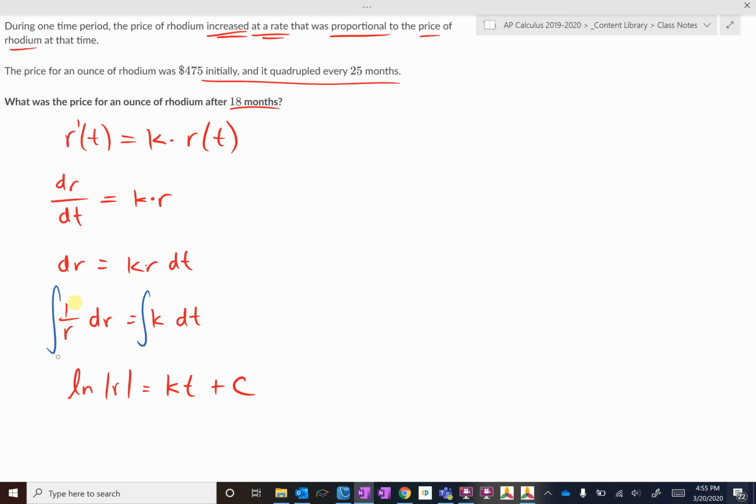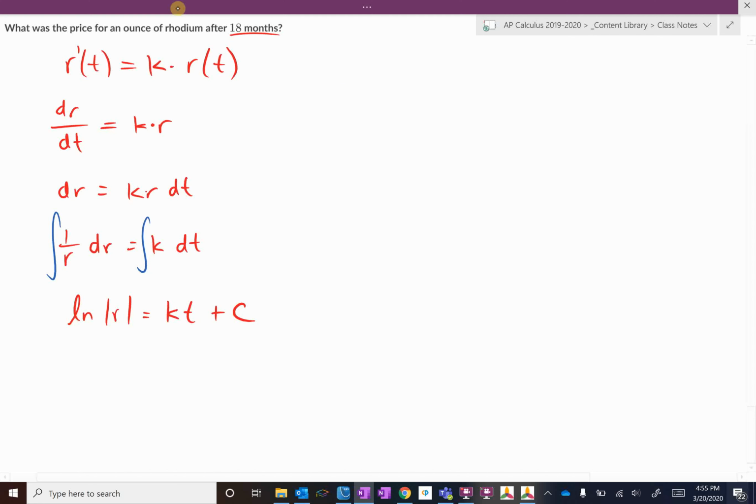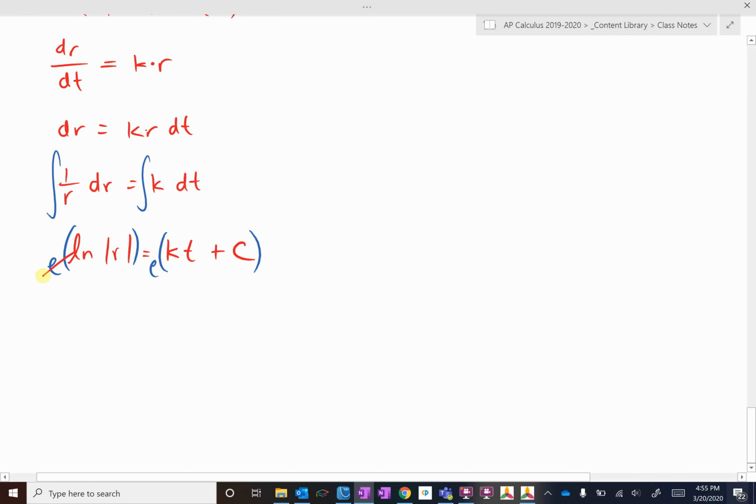And then we want to go ahead and solve for R, the price of rhodium. To do that, we need to undo the natural log. Well, that means we're going to exponentiate both sides, powers of e. So e cancels natural log, and we're left with R, which is equal to e to the kt plus C power.